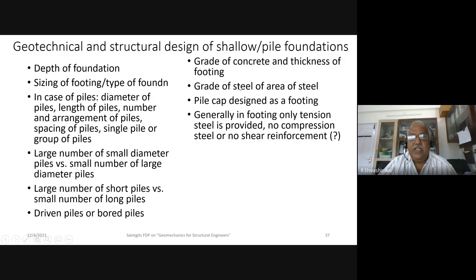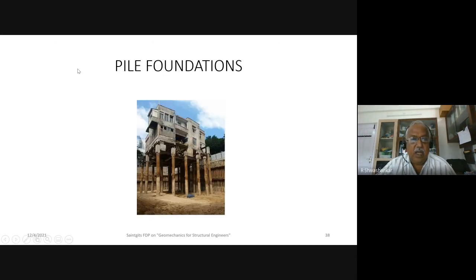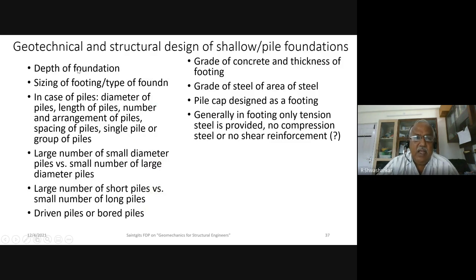And the design comprises geotechnical design, which means that if there is a load on the pile, I assume that that load is taken up by side friction or skin friction or shaft resistance and end bearing resistance, right? So total load QU is taken by shaft resistance and end bearing resistance.